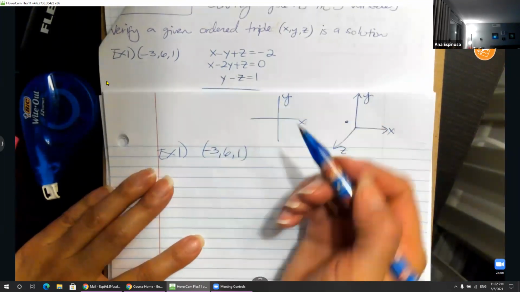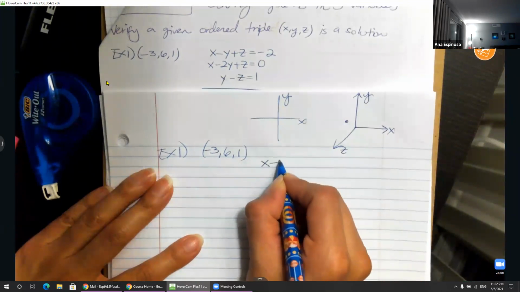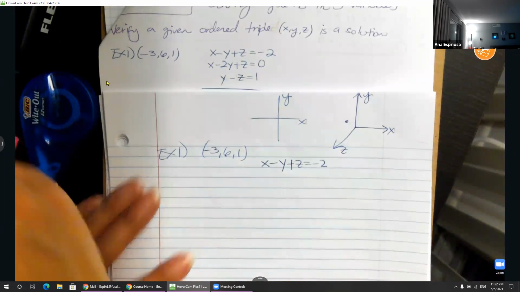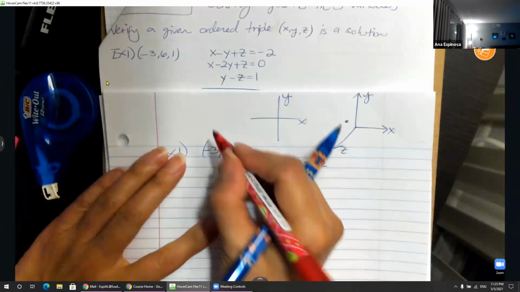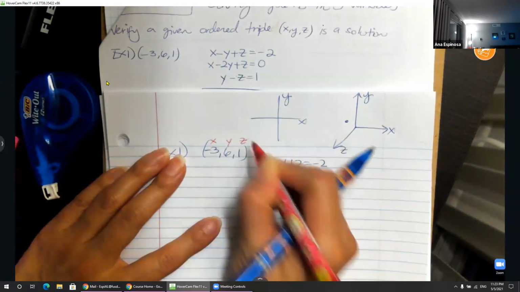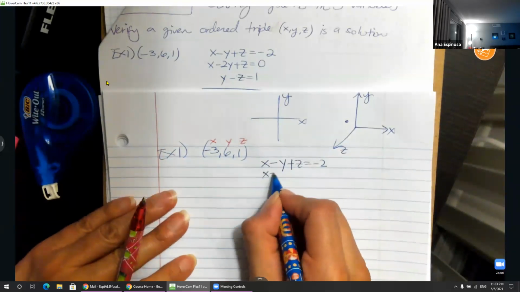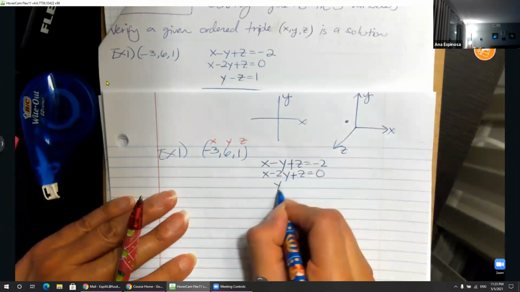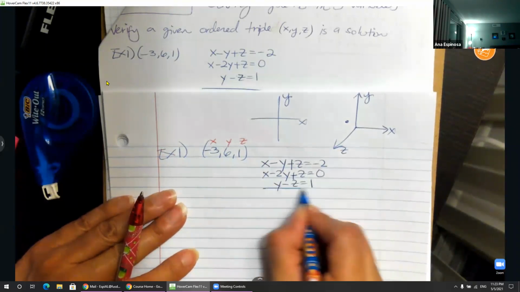All right, so let's verify. So what you're going to do is you're going to take this equation, label it X, Y, Z, plug it into each equation, and see if it checks.